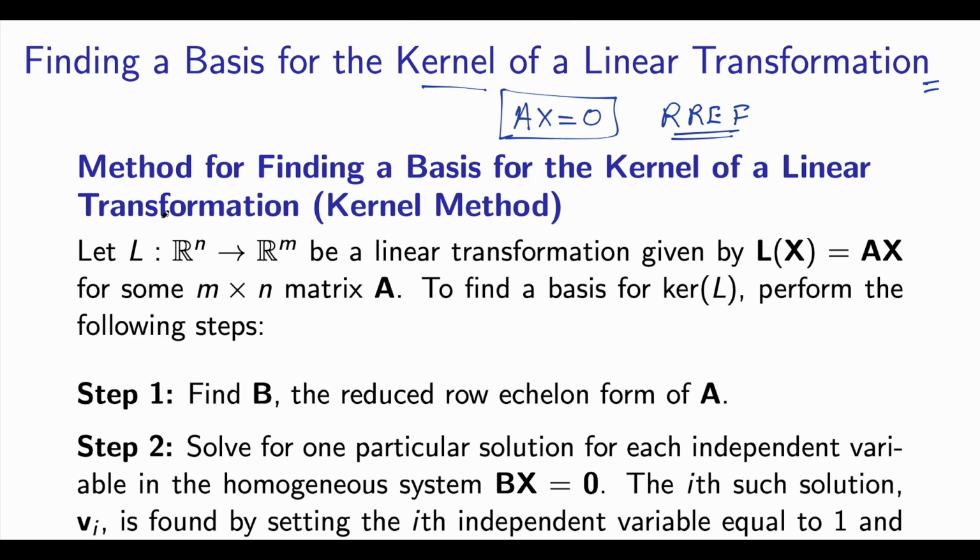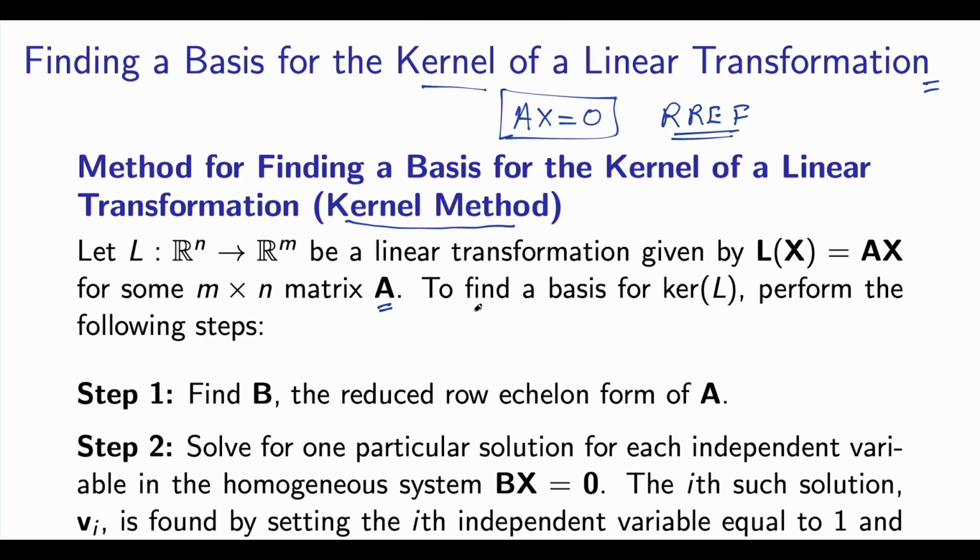Now, the method for finding a basis for the kernel of a linear transformation is called the kernel method. Let L be a linear transformation from Rn to Rm, given by L of x equal to Ax for some m by n matrix A. This matrix is unique with respect to the given linear transformation, which we have seen in the matrix of a transformation.